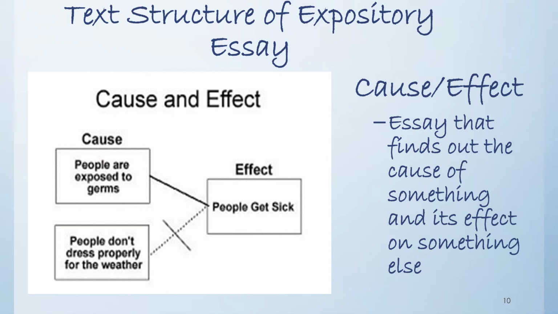So again, you would still follow the same elements and the same main parts of the intro, body, and conclusion, but how you choose to do it is what the text structure is.